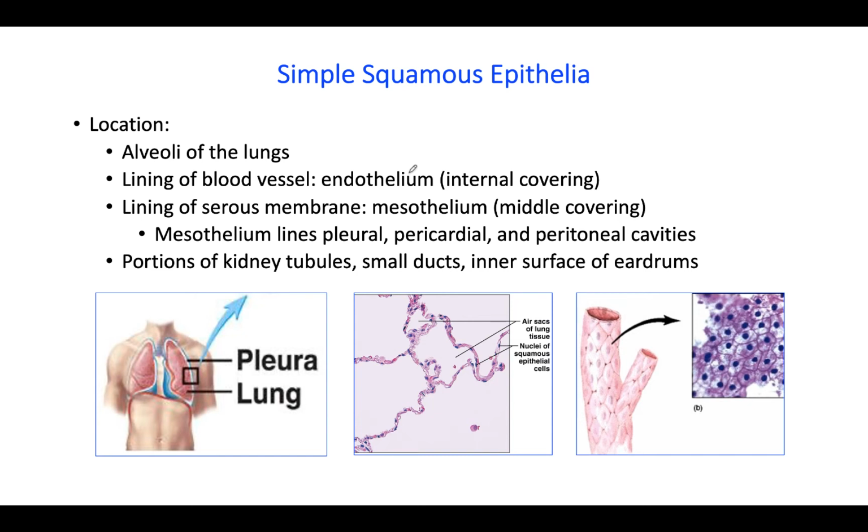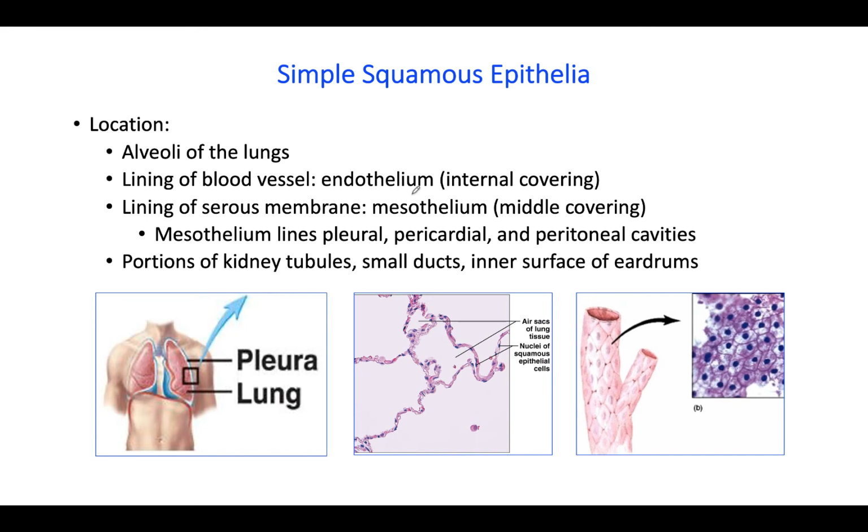Simple squamous epithelia also can be observed in the lining of capillary blood vessels, also the lining of the heart and the lining of lymphatic vessels, which is called endothelium. Endothelium, endo means internal covering.